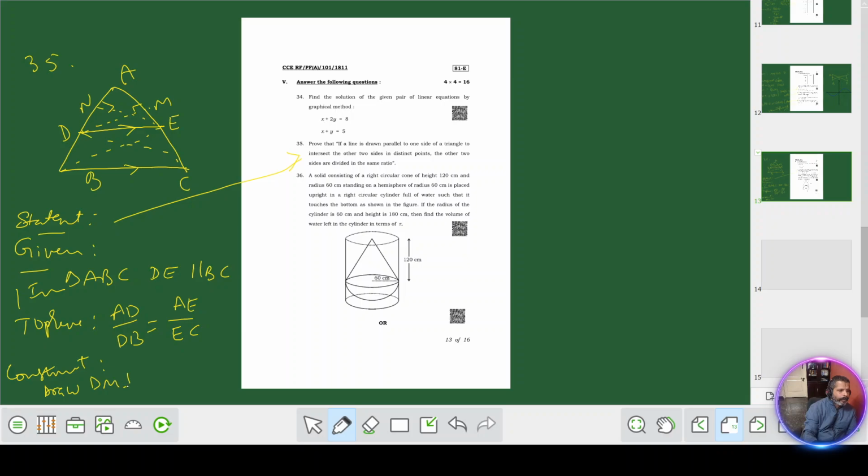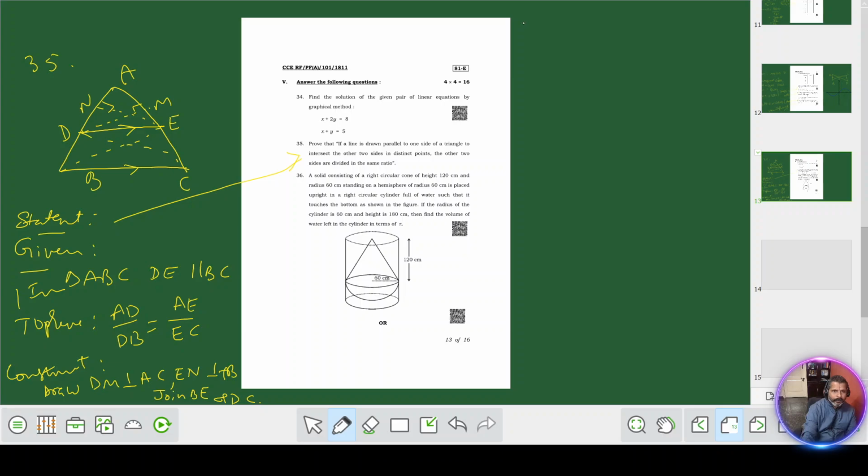Draw DM perpendicular to AC, EN perpendicular to AB, join BE and DC. That goes to your construction.